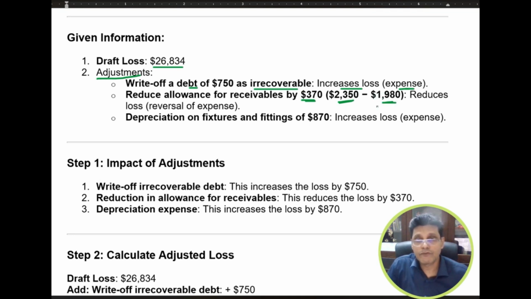So you need to reverse the expenses originally provided for. Originally we provided $2,350, and now you need to reduce the provision to $1,980. This is a reversal of expenses, so it will reduce the loss. The third adjustment is depreciation on fixtures and fittings of $870.